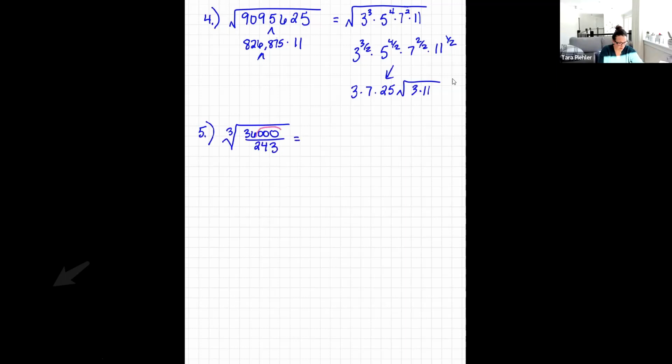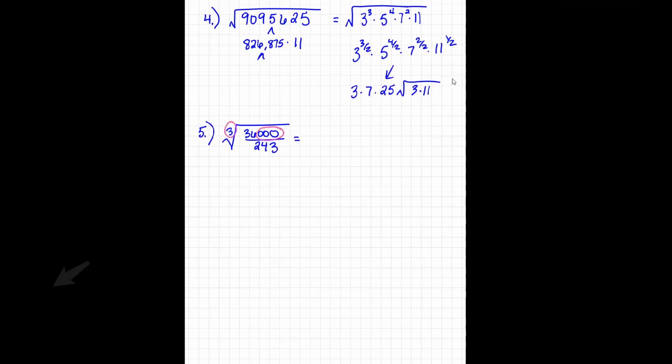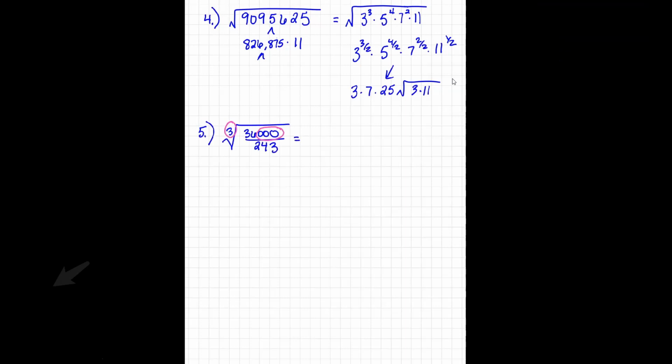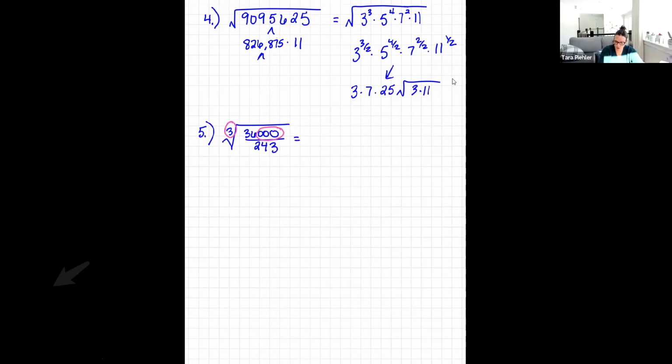What can we already pull out of there, guys? 1,000. Okay, well, it's 1,000 for sure, but what is the cube root of 1,000? Yeah, so we can go ahead and pull a 10 out, right? So now it's a lot simpler.